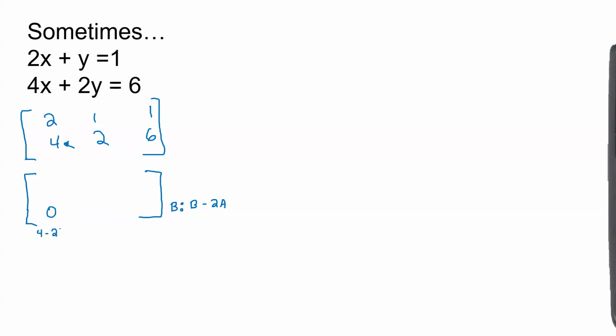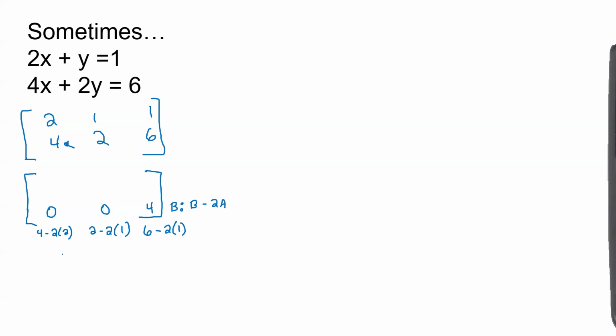I've got to do the same thing here and here, though. So that would be a 2 minus 2 times the top number. 2 minus 2 times 1. 2 minus 2, that one's 0, huh? How about down here? I've got the bottom number, 6 minus 2 times 1. 6 minus 2 is a 4.